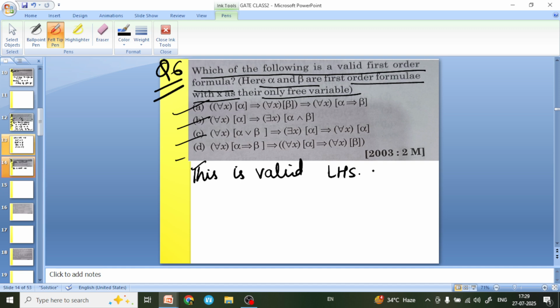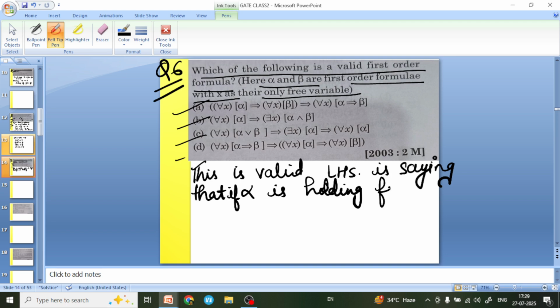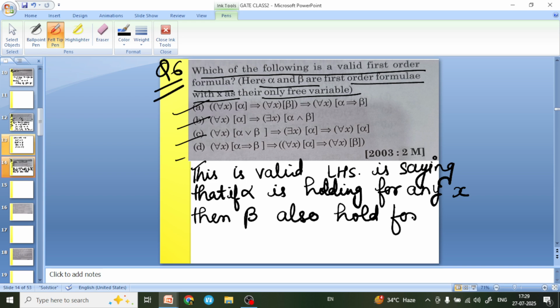The left hand side is saying that if alpha is holding for any x, then beta also holds for that x.